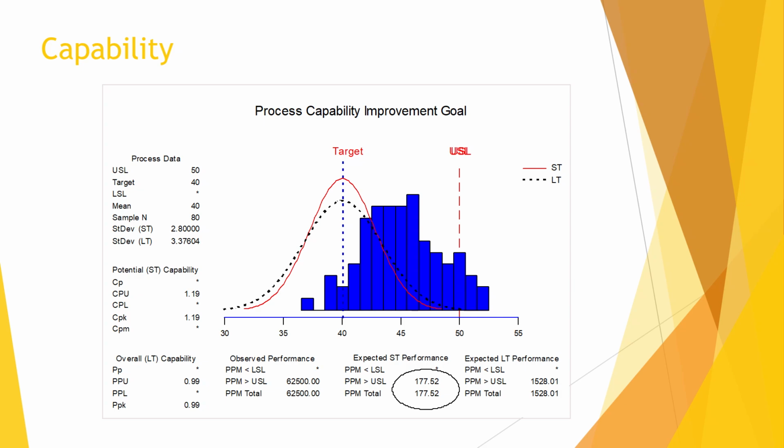Your process can be extremely capable, moderately capable, or not capable at all. These are measures of potential process capability calculated with data from the subgroups in your study. They measure the distance between the process average and the specification limits compared to the process spread.